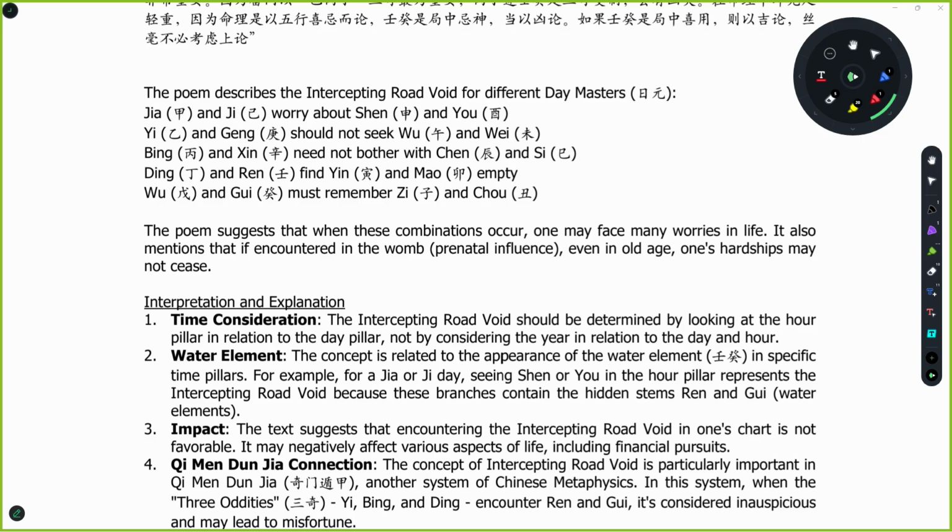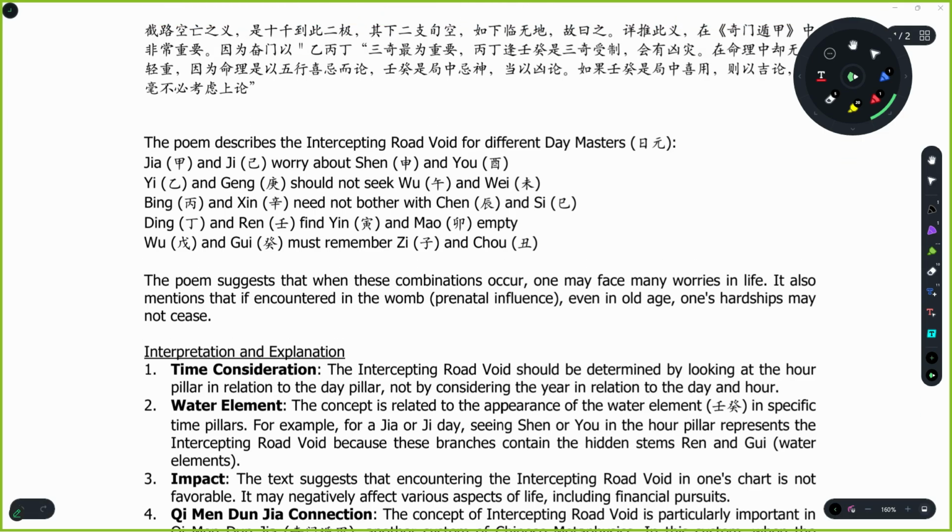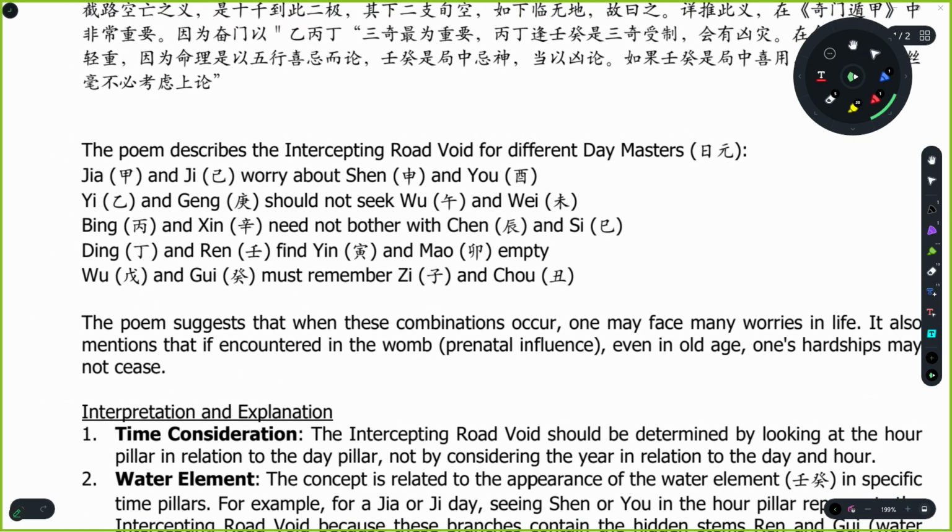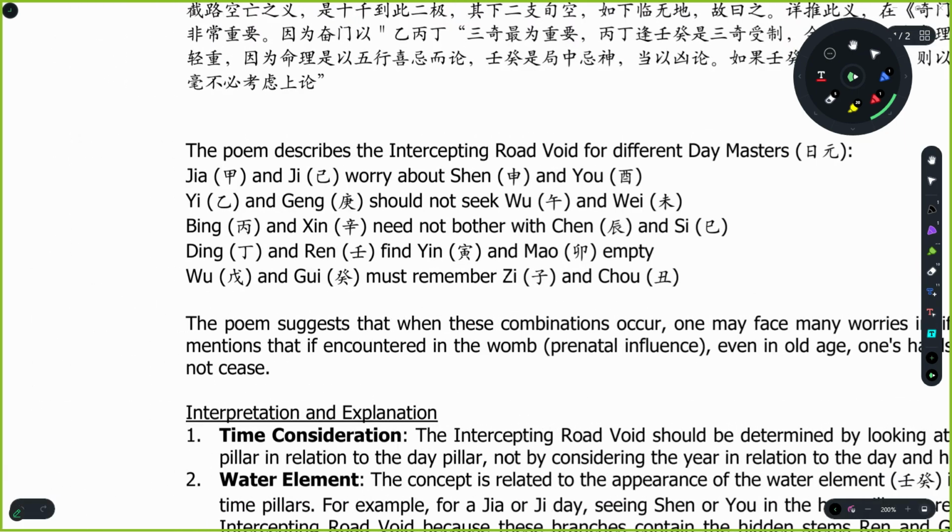And for the road void, we now look into the day master. Can you tell me what these day masters denote? If your day master is Jia and Ji, and this is your Yi and Geng, can anybody see the pattern here?